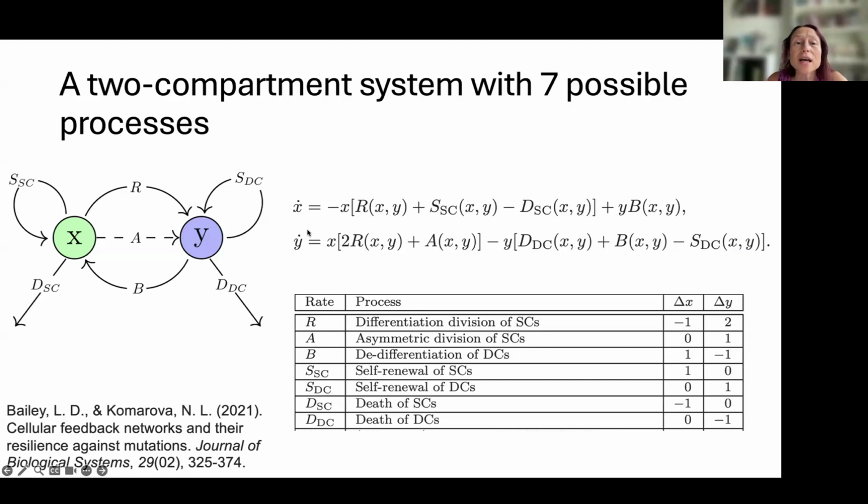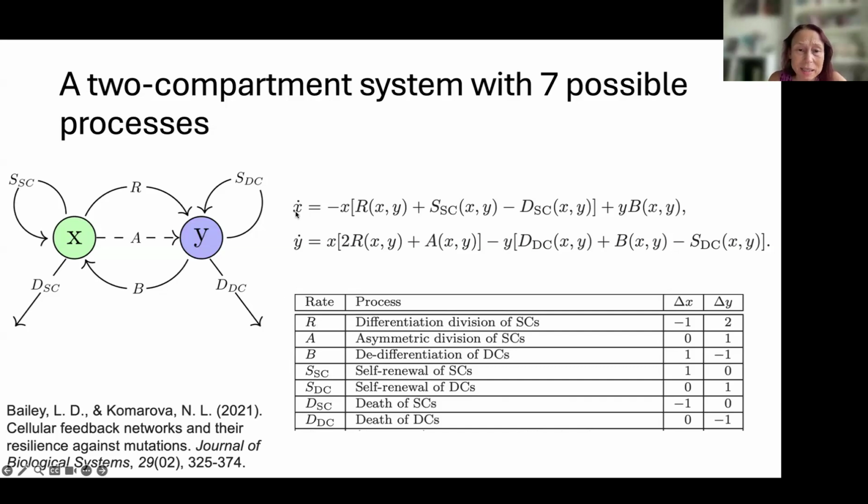Okay, so how does the number of stem cells change? It changes because there are processes that happen. Let's look at R. R is the divisions of stem cells that are differentiation divisions.